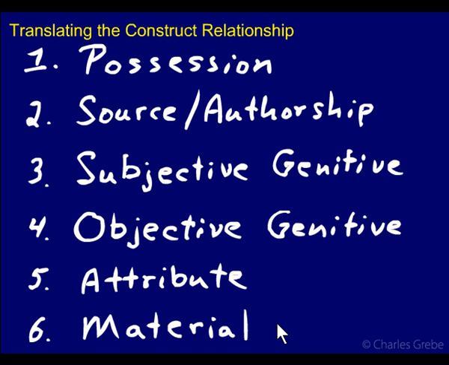So, here are 6 genitives. And it's useful to know that the construct, if you translate with of, be careful. Think about these things. Run through the list. There may, in fact, be a better way to translate it, or even if you translate it with of, a better way to think about what's actually going on in the construct relationship.